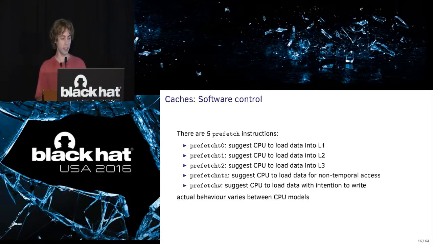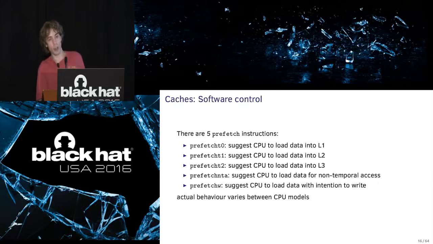The prefetch NTA instruction allows you to tell the CPU, okay, I will probably only access this data once, you can throw it away afterwards, but please load it into the cache right now. And then there is a prefetch W instruction which tells the CPU, I'm intending to write to this variable, maybe, could you please load it into my local cache, and maybe invalidate it for the other caches so that I can really write to it without any delay.